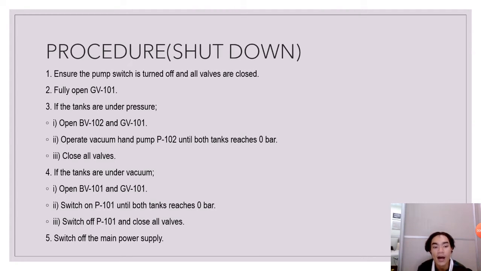If the tanks are under vacuum, we have to open BV101 and GV101, switch on P101 until both tanks reach 0 bar, and switch off P101 and close all valves. And then only can we switch off the main power supply.